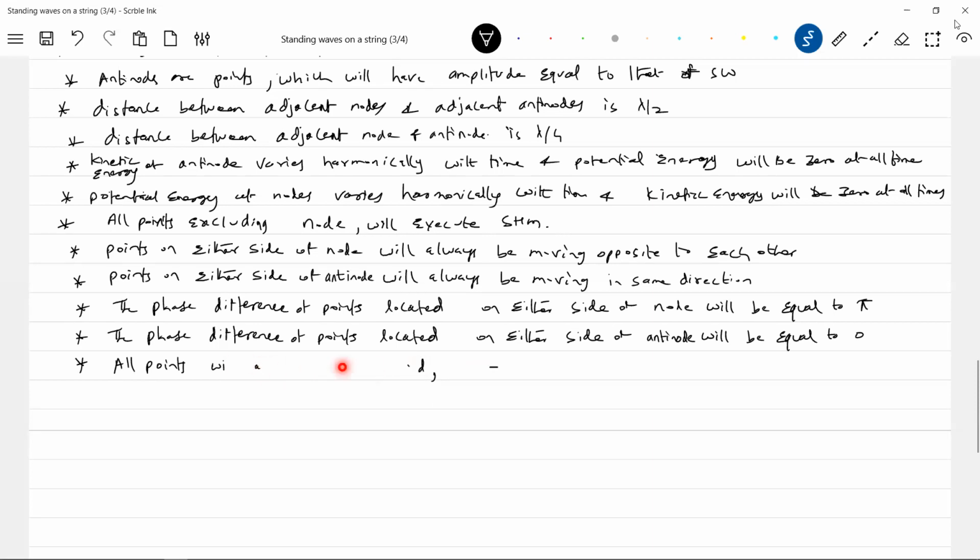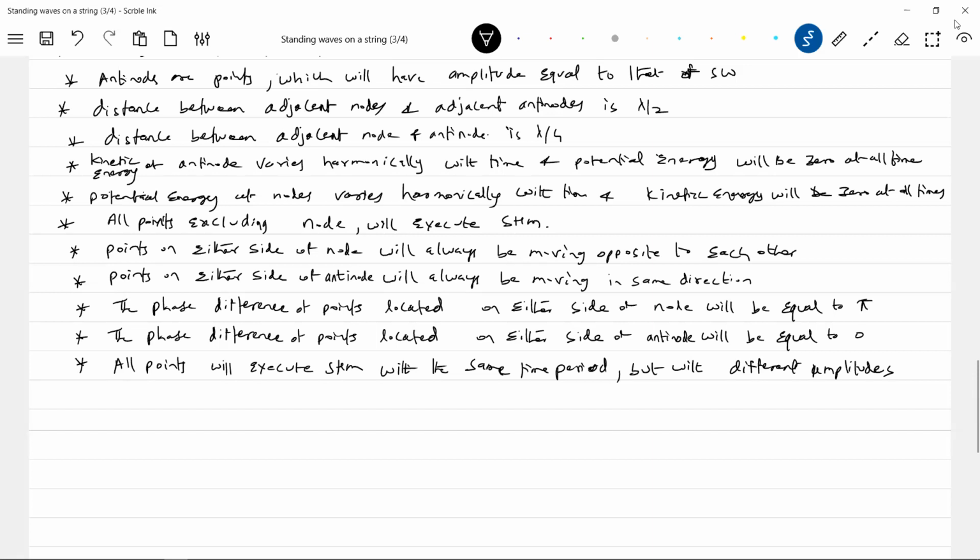All points will execute SHM with the same time period, but with different amplitudes. So all points will execute SHM with the same time period, but with different amplitude.